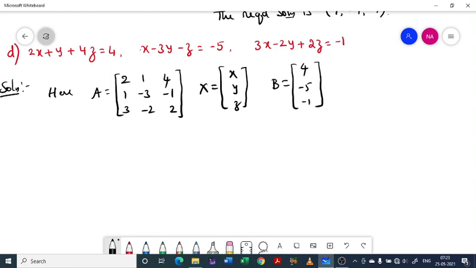So, okay, now A equal to LU implies A equal to, what is L?